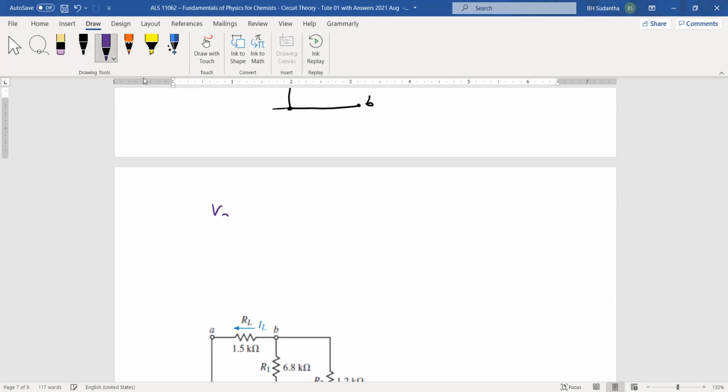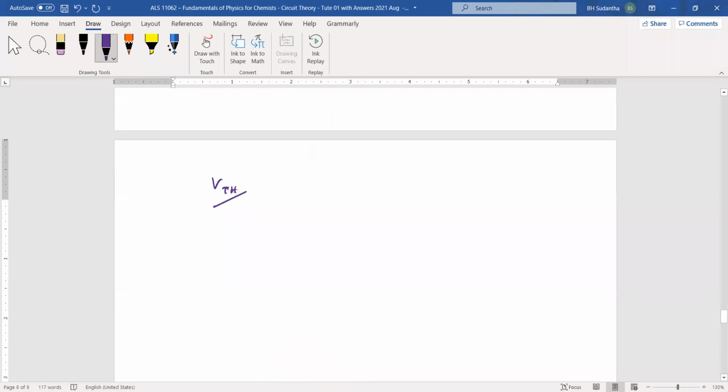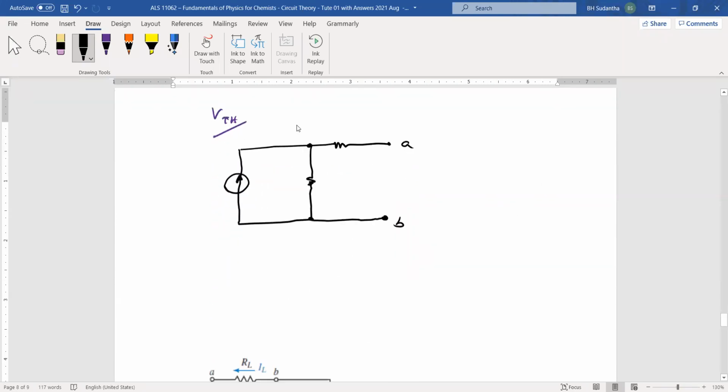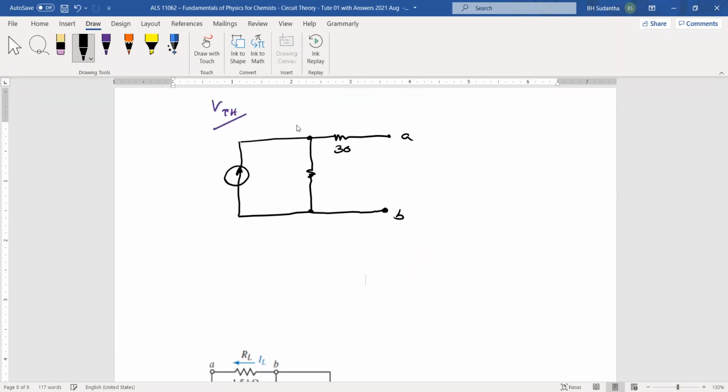Okay. Shall we find VTH? Okay. This is 30, 90, and 40 milliampere.